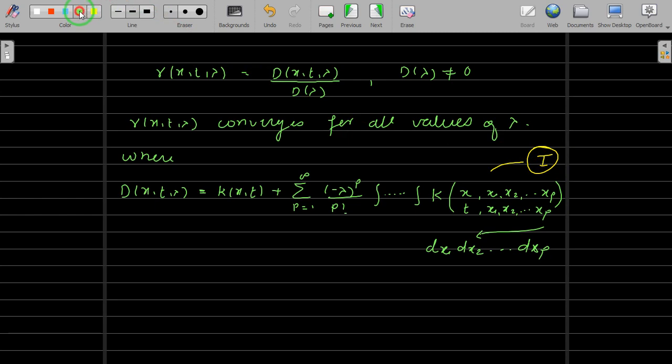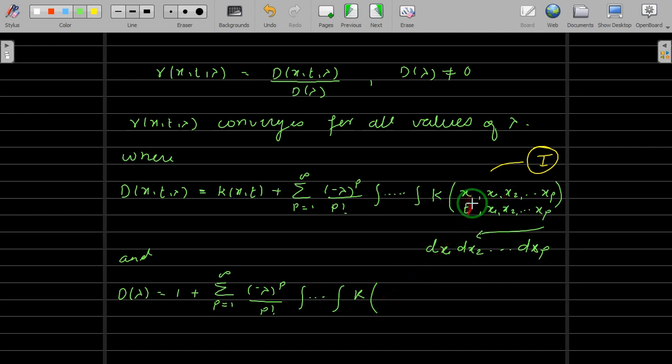Then again we have to state what D of lambda is. D of lambda is equal to 1 plus summation p from 1 to infinity of minus lambda raised to p divided by p factorial, and again here we have integrals of k.